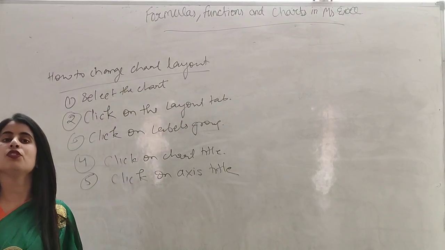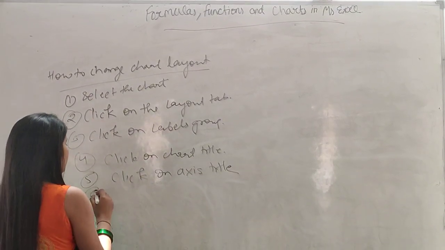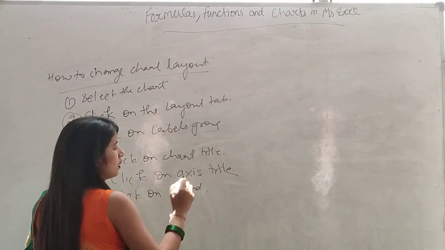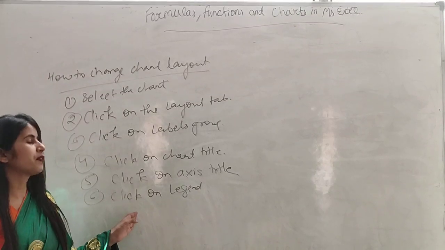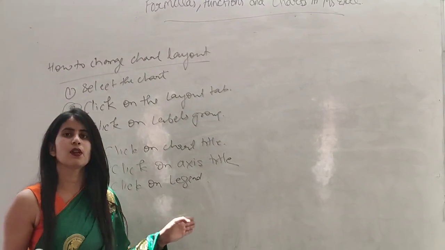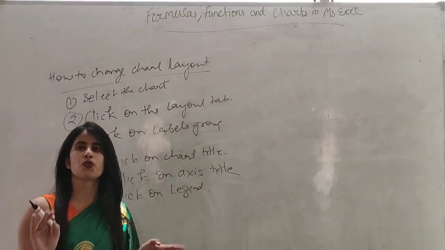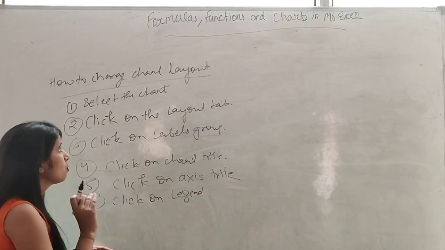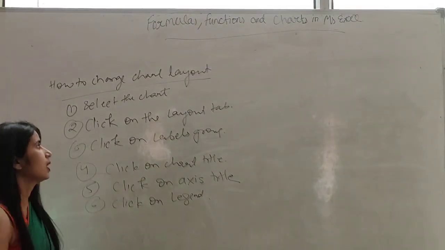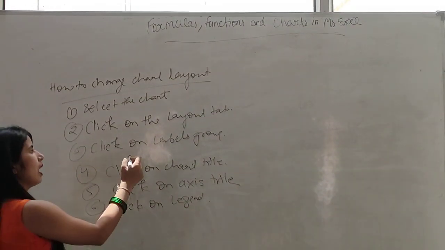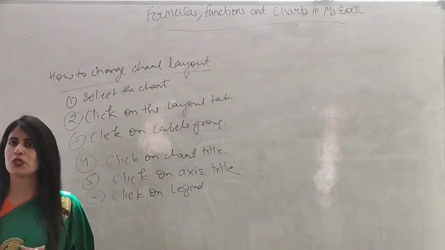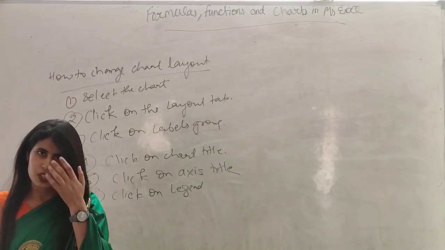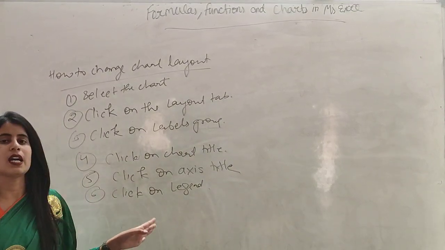If you want to change the legend, you will click on the legend. Okay. With the help of this you can change the location of the legend also. You can keep it left, you can keep it in bottom, and you can keep it right also. So to change any component of the chart, you have to follow this procedure. After this labels group, you have to choose the component in which you want to make any kind of changes. So this was about the chart layout.